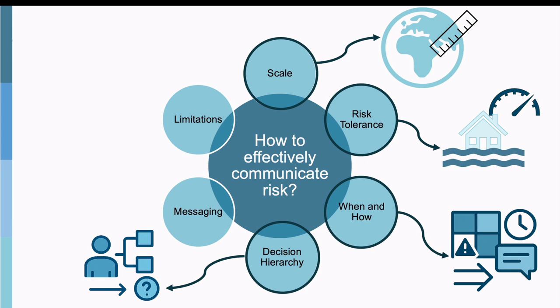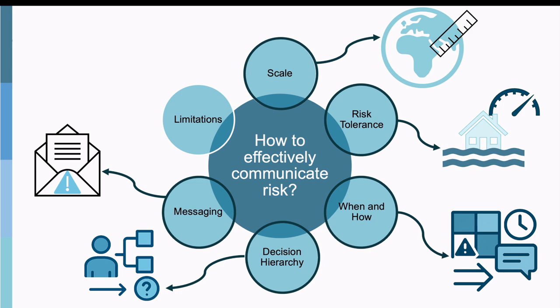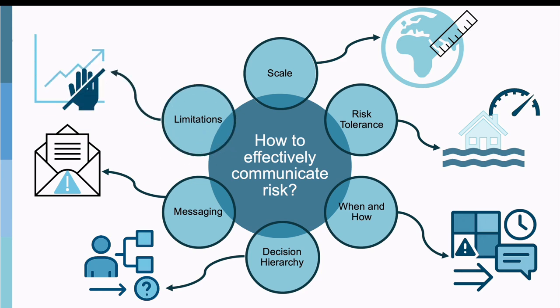Messaging. Flow of information, and striking the correct tone in emergency response messaging are crucial elements in determining the appropriate level of response and uptake of warnings by the public. Limitations. From forecasters to decision makers, all users of the risk matrix should be aware of the limitations of any given forecast during any event.